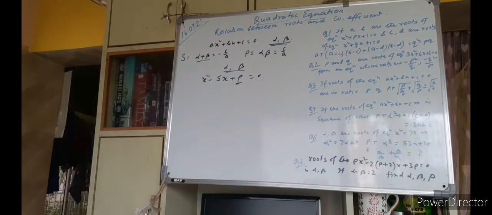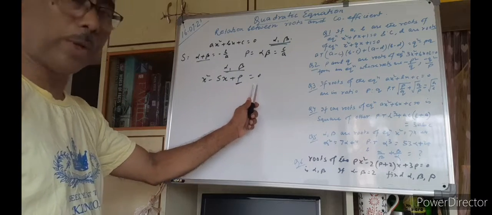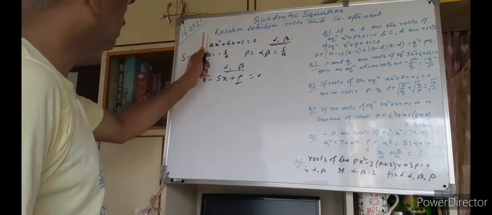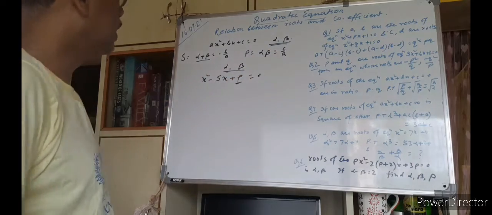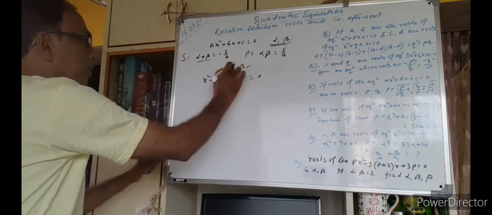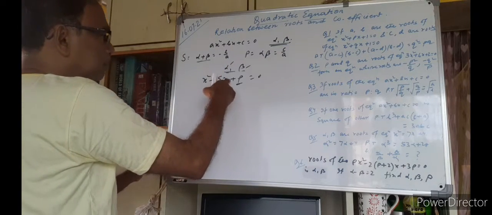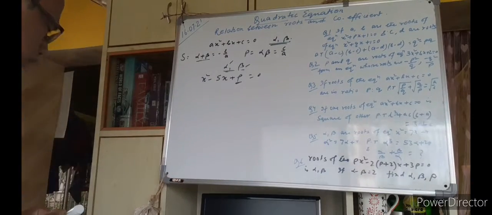So if we know the roots of the equation, we can get the equation, and if we know the equation, we can get the roots. The equation is x squared minus the sum of the roots times x plus the product of the roots.